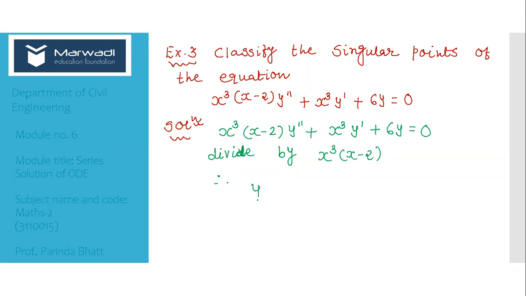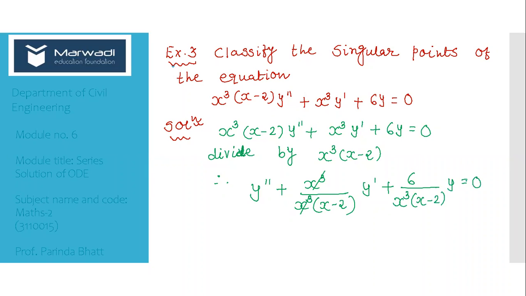Therefore, y double dash plus x cube by x cube (x minus 2) y dash, this is cancelled out, plus 6y by x cube (x minus 2) y equals 0. Therefore, the remaining equation after simplification is y double dash plus 1 by (x minus 2) y dash plus 6 by x cube (x minus 2) y equals 0.